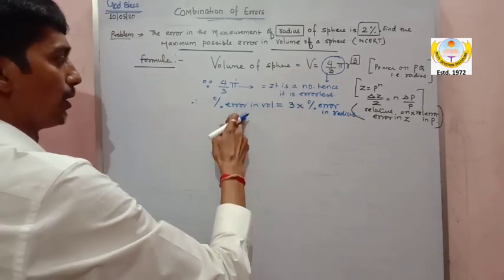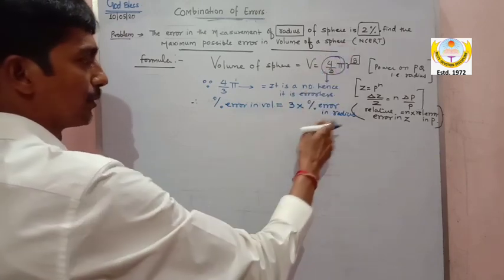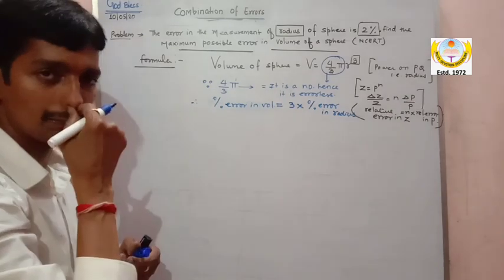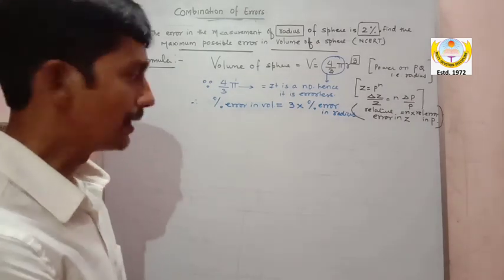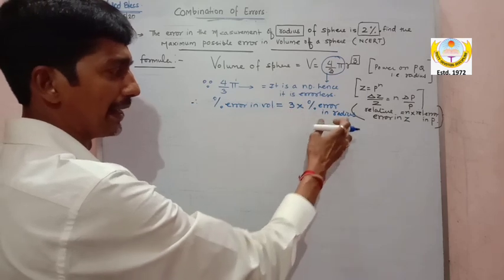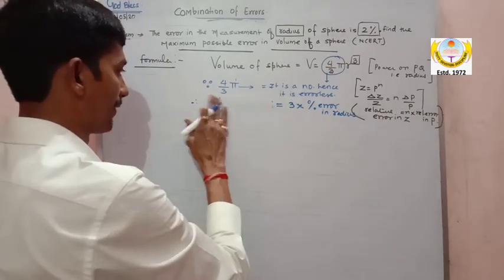Percentage error in volume is equal to 3, because you know the power n gets multiplied, times percentage error in radius. Or I can write this as relative error in volume is equal to 3 into relative error in radius.